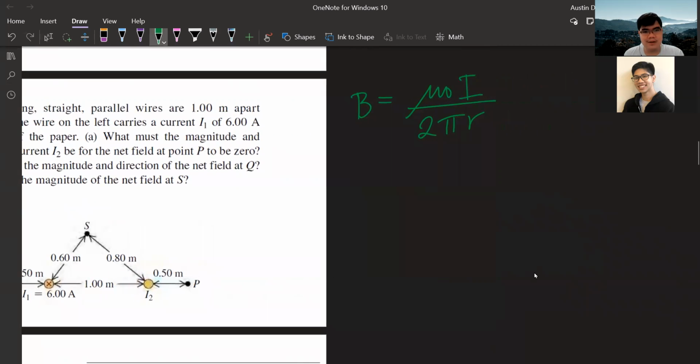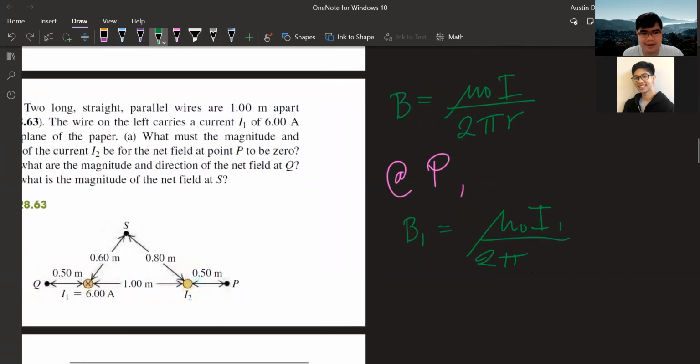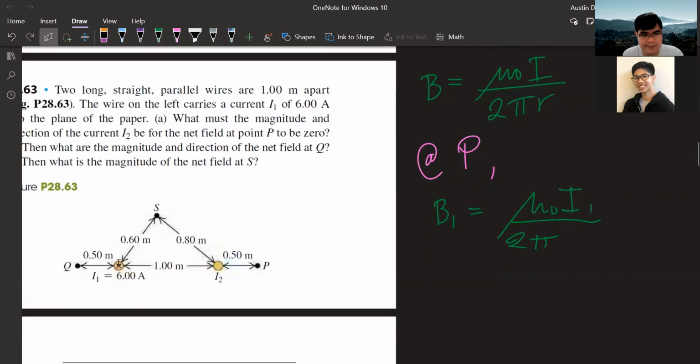Okay, so B1, so at P, nakakaranas si P ng magnetic field na galing kay 1 by an amount of mu naught I1 over 2 pi. So the distance from the wire to the point.